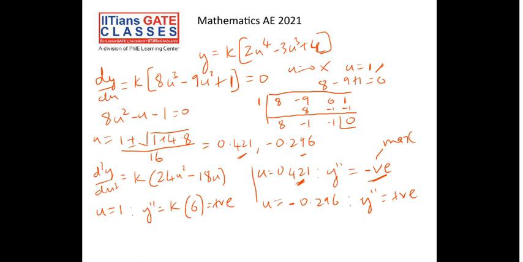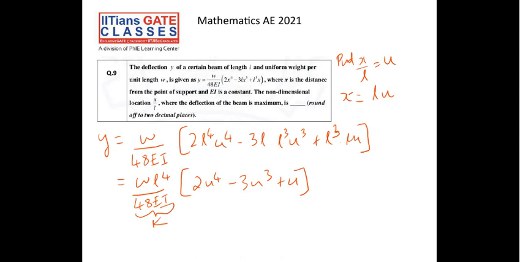So at u is equal to 0.421, we get a maxima. Do verify the values coming as negative or positive with a calculator by yourself. And since we started with x by L as the variable u, the final answer also comes to 0.421. So that's the final answer. Thank you, everyone.